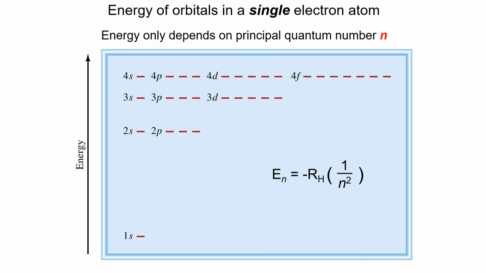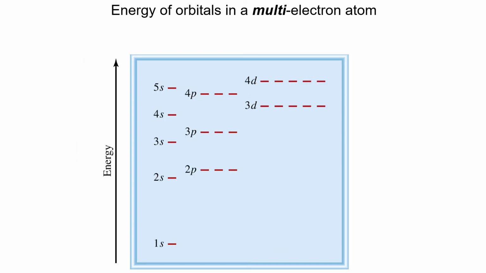And again, we can use that equation to calculate the energy of that principal energy level, and we can use it for the other levels too. But if we have only a 1 electron atom, that principal energy level is the only thing that matters.